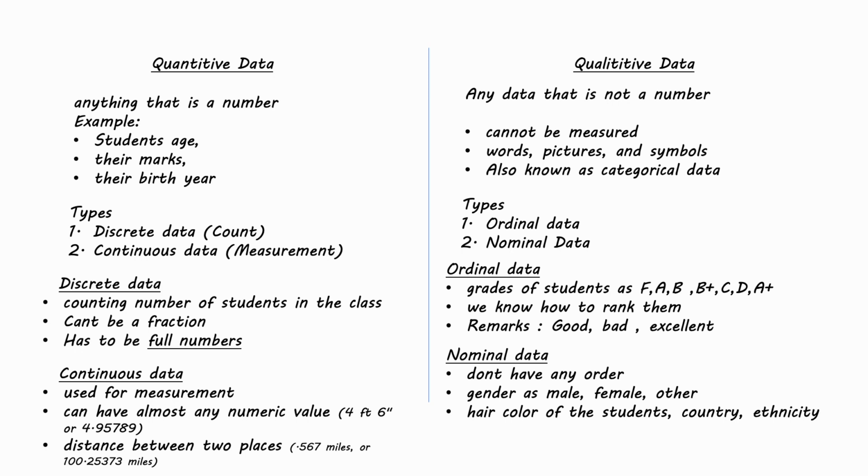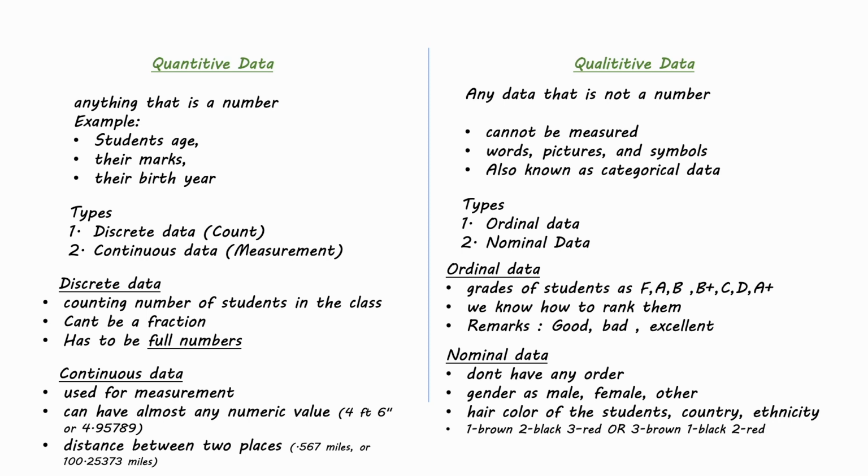Now, if we want to assign numbers to them, that would be completely arbitrary. For hair colors, we can put 1 for brown, 2 is black, 3 is red, or we can also put 3 is brown, 1 is black, 2 is red. This order doesn't matter. That's why it is not ordinal data. We can plot nominal data using a pie chart.